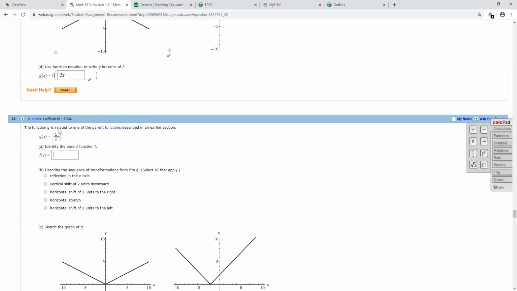Multiply by 2. You're right, we ended up multiplying it by 2. But this was the new equation, and it comes from what original basic graph, or what parent function? I'm sorry, I don't know.